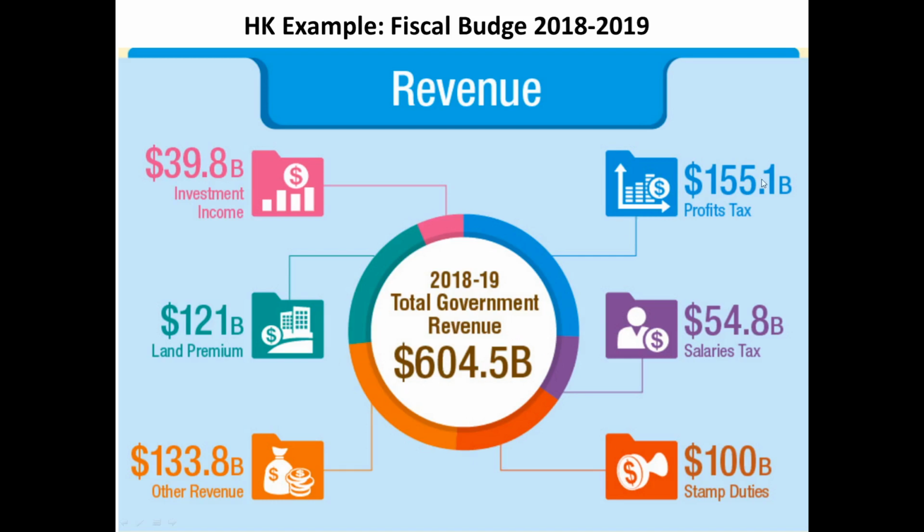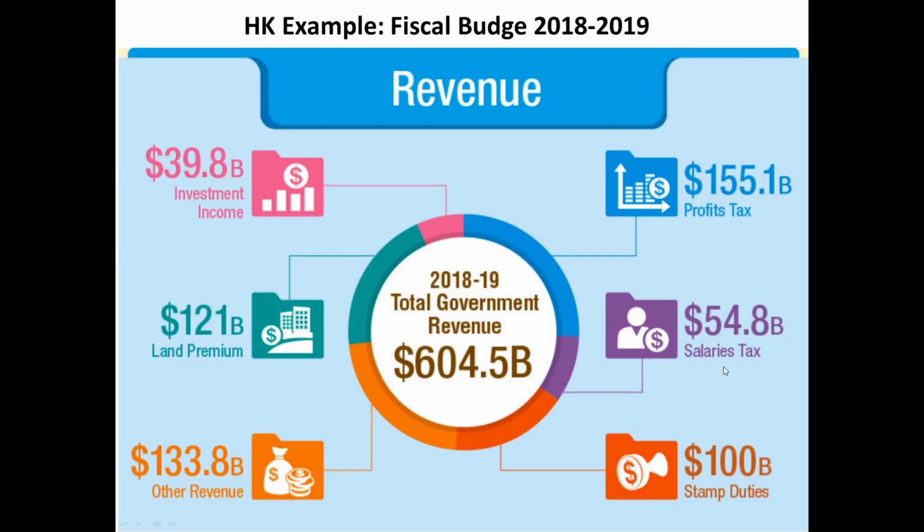From the right hand side, you can see they are all different kinds of taxes, like profit tax. When we talk about profit tax, where do they receive profit tax from? Yeah, the firms. And what about salary tax?